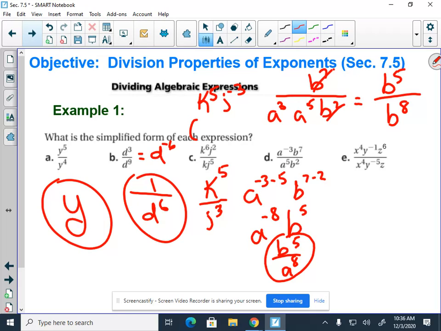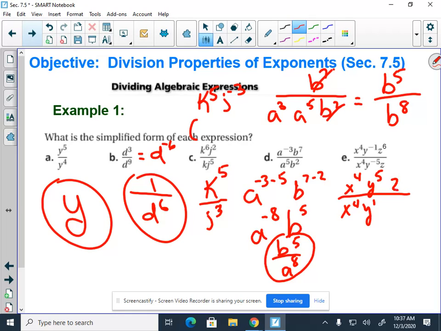All right, in E, first, I'm going to go with the rule that we're going to move the exponents. So I moved the 1 down, I moved the 5 up.